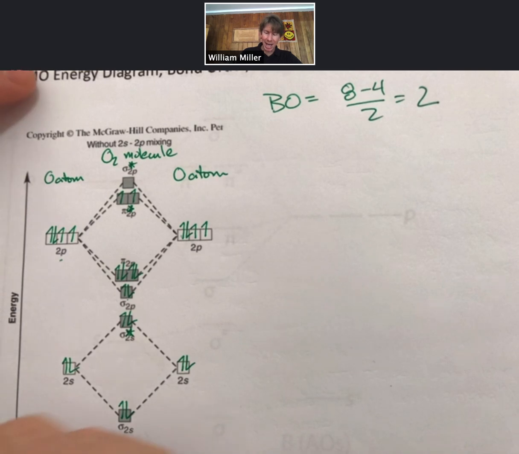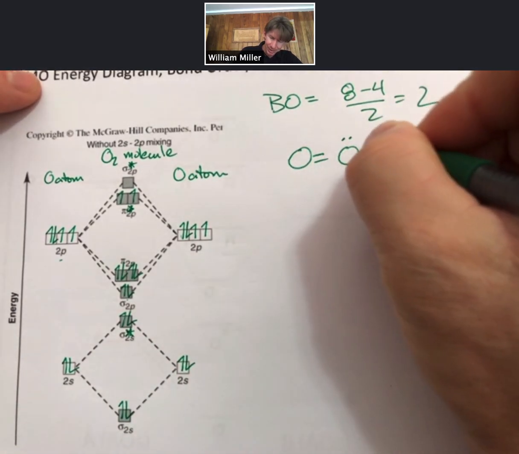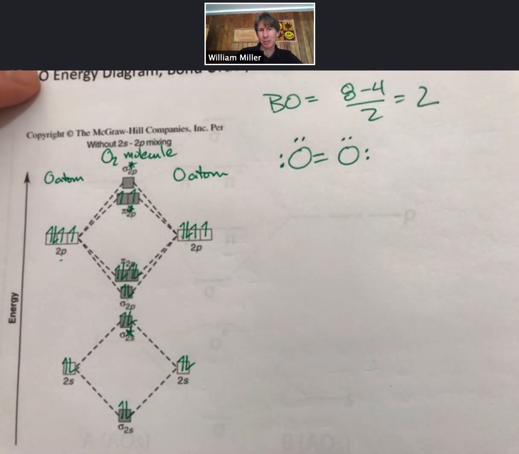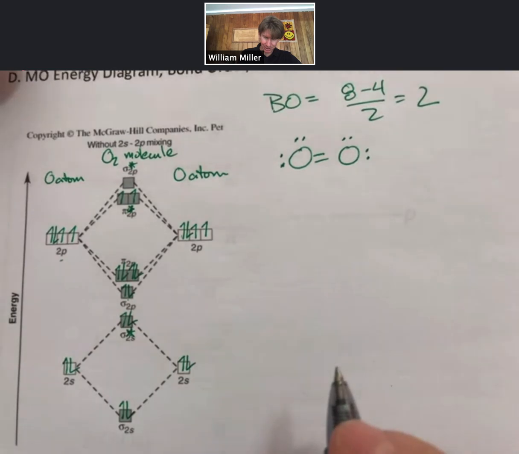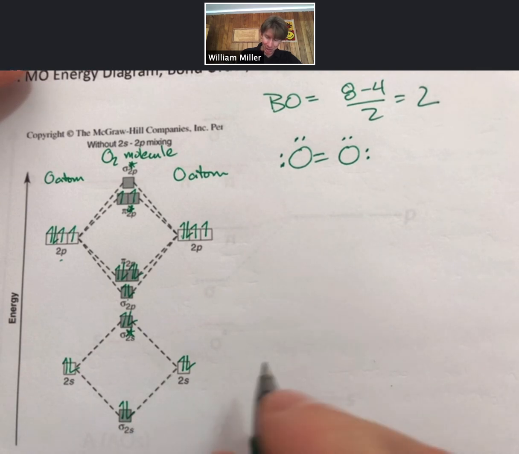And that is exactly analogous to doing the Lewis structure and coming up with a double bond between the 2 oxygen atoms. Now what's missed here, and actually I guess let's do the electron configuration.